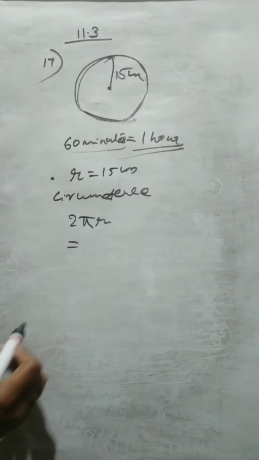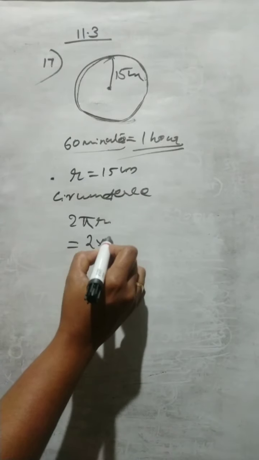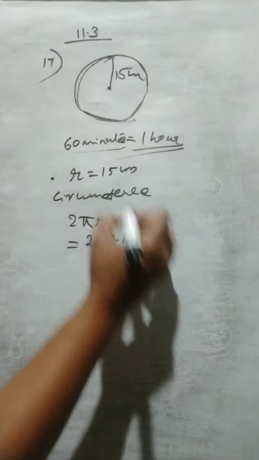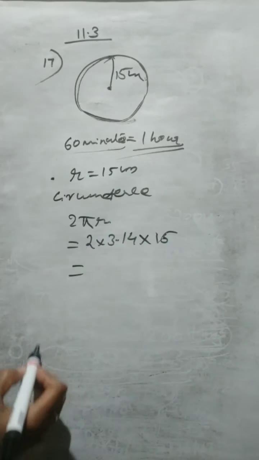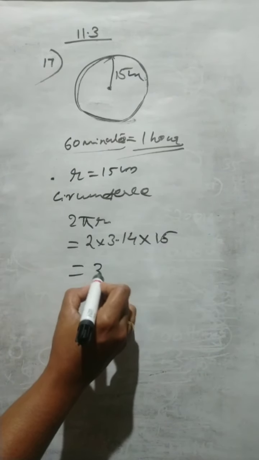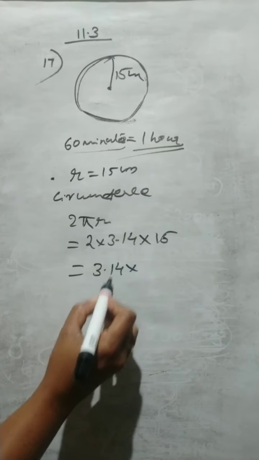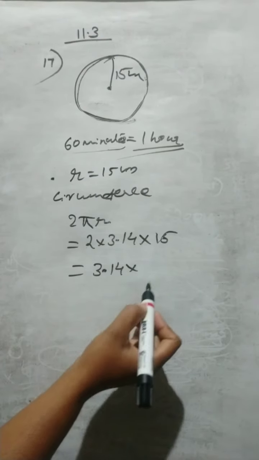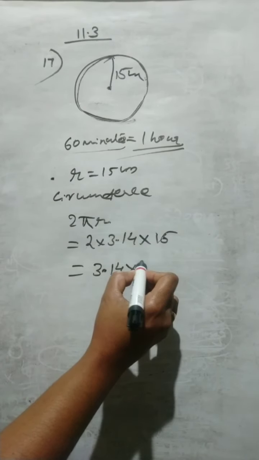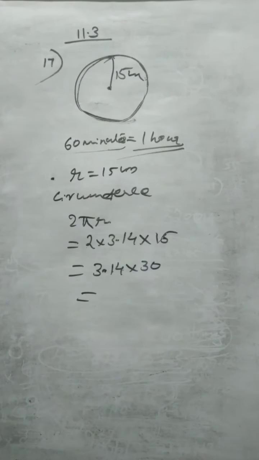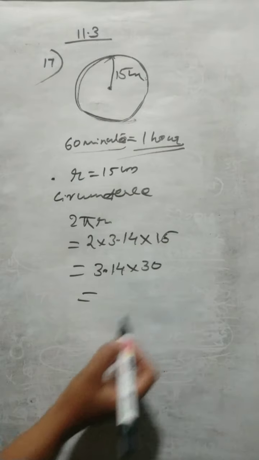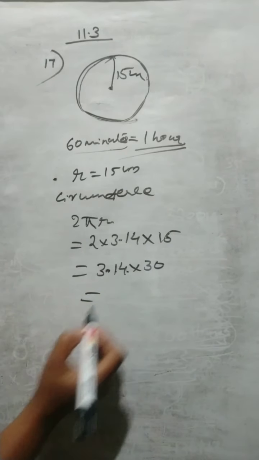So 2 times 3.14 multiplied by 15. 15 times 2 is 30. So 3.14 multiplied by 30. 3.14 times 3 is 9.42, and one more 0 is there, with 2 decimal points.